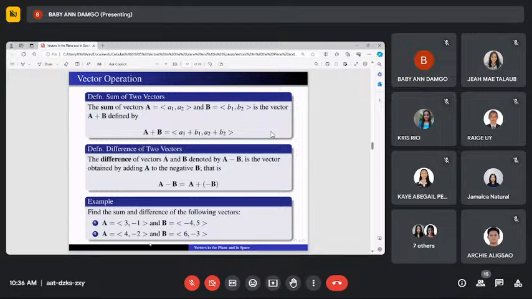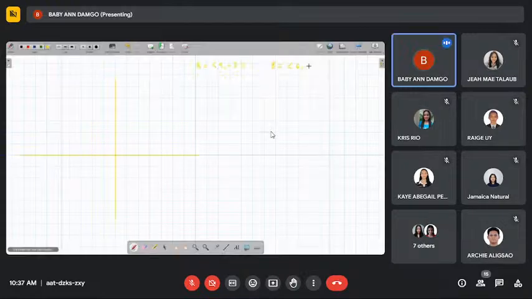So, for number 2, we have A is 4, negative 2, and then B is 6, negative 3.